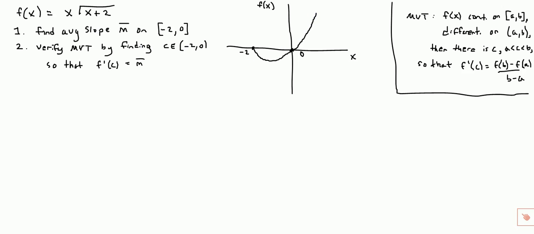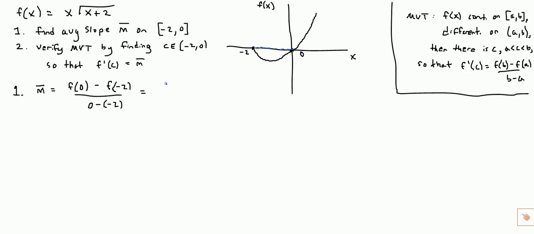Okay, and so they're asking us for the average slope on negative 2, 0. We can go ahead and draw in what we think that would look like. It should be 0, right? Because these 2 points are equal. But let's go ahead and calculate it. So the average slope, that's going to be f of 0 minus f of negative 2 over 0 minus negative 2.